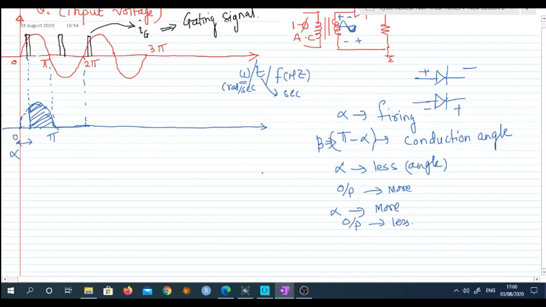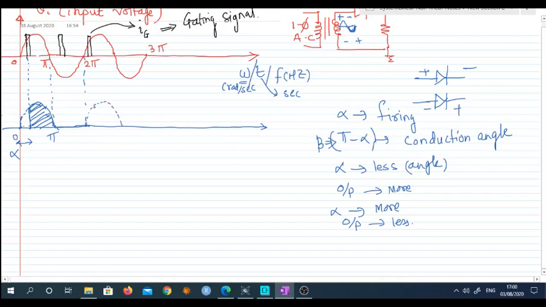If alpha is more, output voltage is less, and if alpha is less, then output voltage is high. Thereby, by controlling the gating signal, a pulse signal at the gate, we can control the output DC voltage, and hence these converters are called controlled converters.